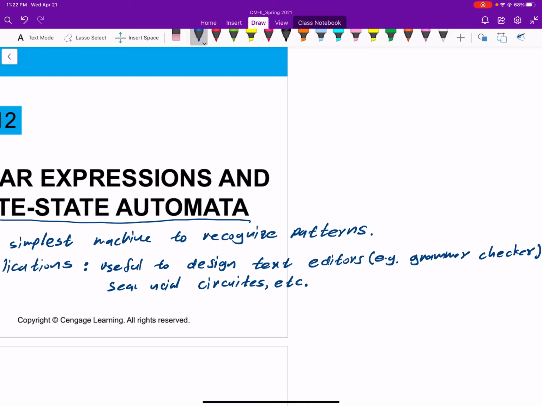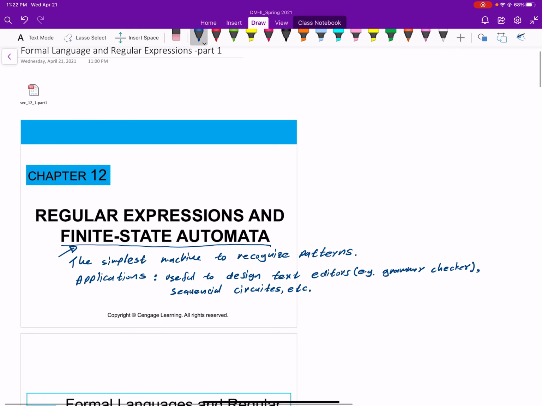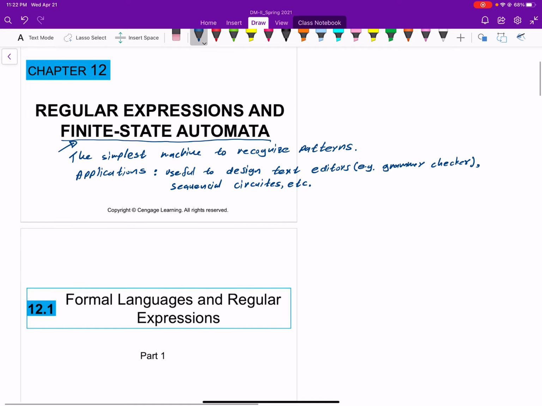Sequential circuits, etc. All right. So these are the applications of finite state automata.